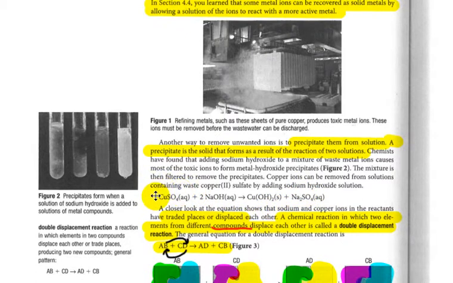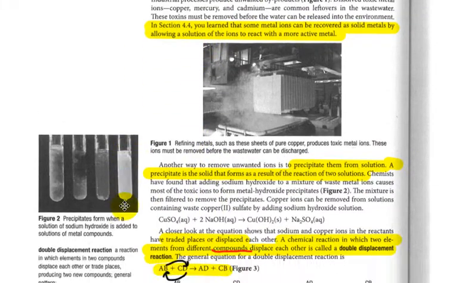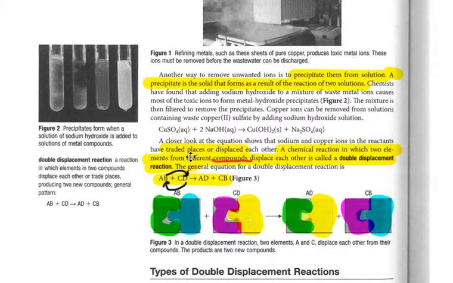Okay, so instead of having a single element replacing an element in the compound, we have two compounds this time, and the elements being replaced or displaced as illustrated here. So it's like they traded places. A chemical reaction in which two elements from different compounds displace each other is called a double displacement reaction.